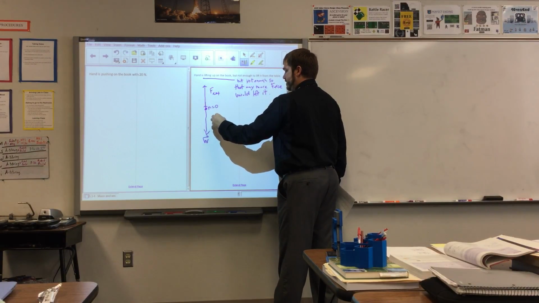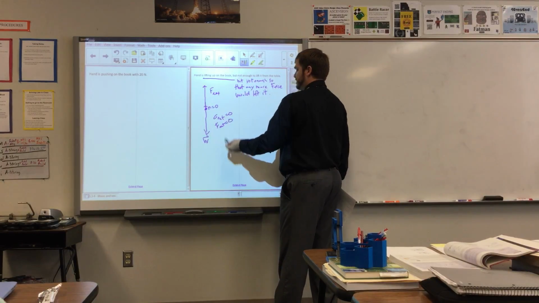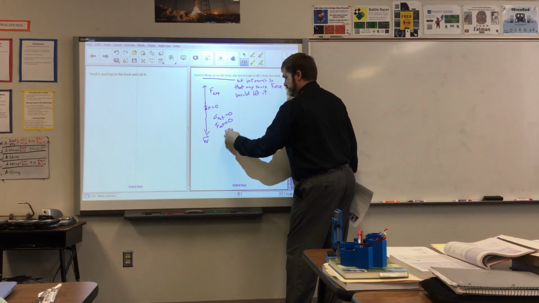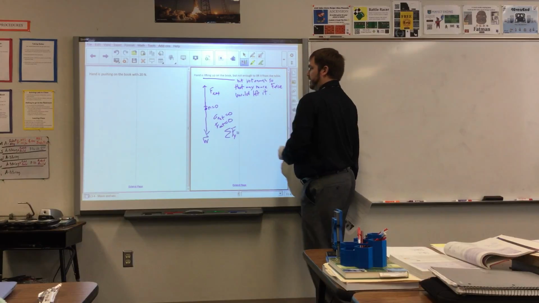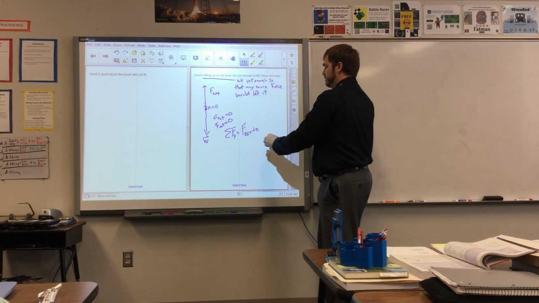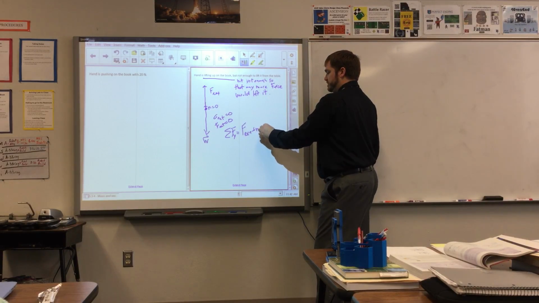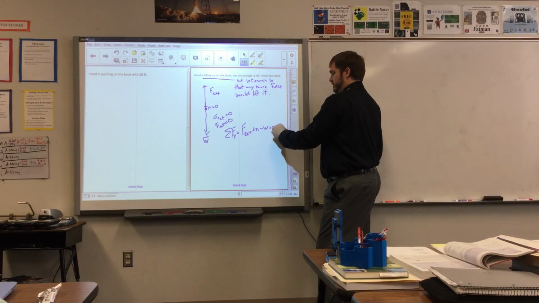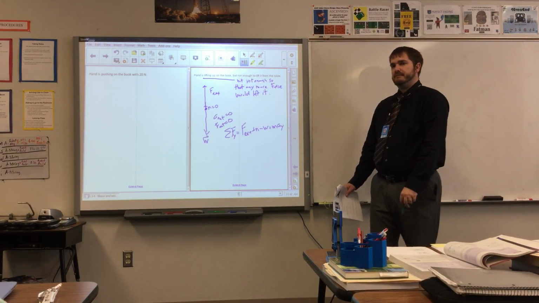So the net acceleration is 0, which means the net force is 0. So summation of forces in the y direction, we have F external plus the normal minus the weight equals... Would we have to count normal?